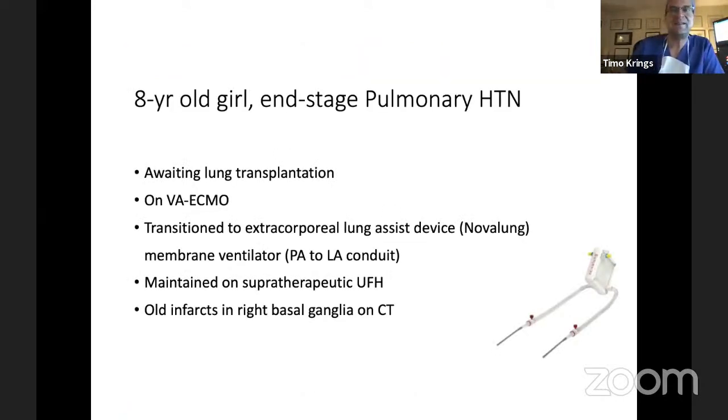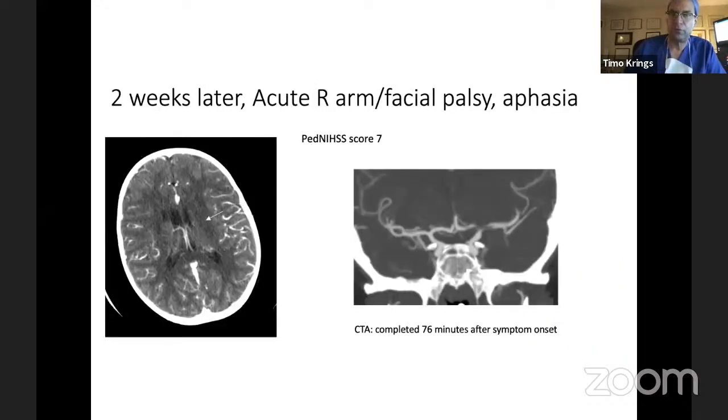So here we had an 8-year-old girl who had pulmonary hypertension. She was awaiting lung transplantation, and she was on ECMO, transitioned to an extracorporeal lung assist device. Although she was on unfractionated heparin, multiple strokes formed. Two weeks following her initial presentation, she had this stroke here with an acute clot.